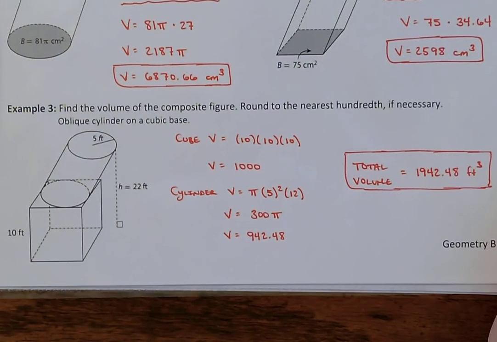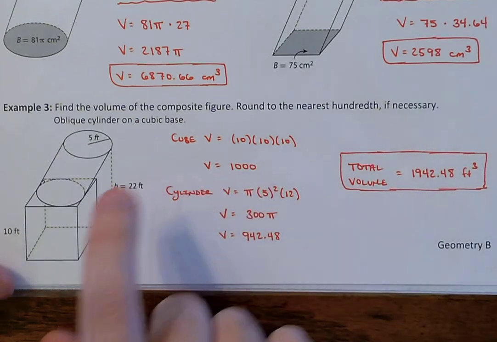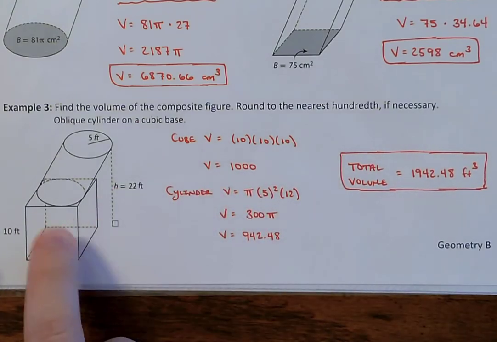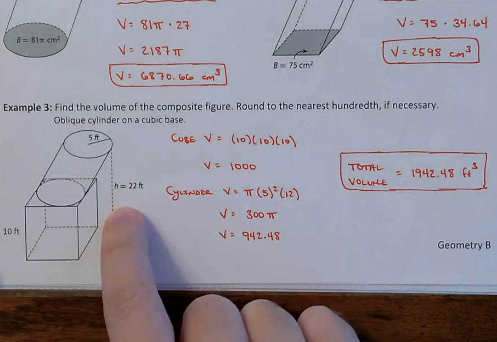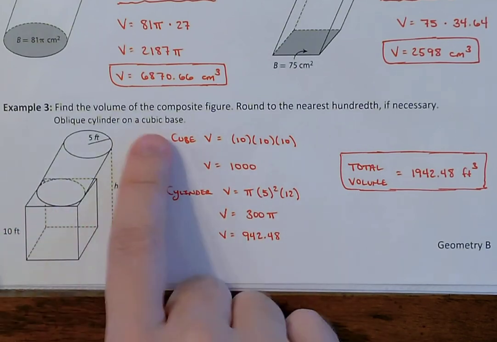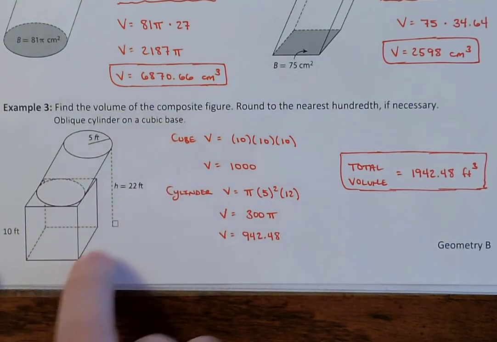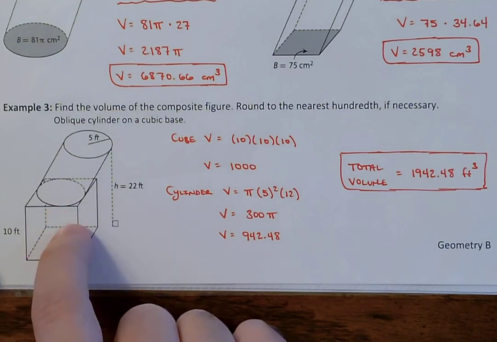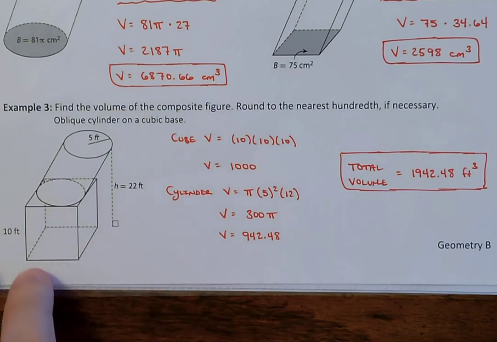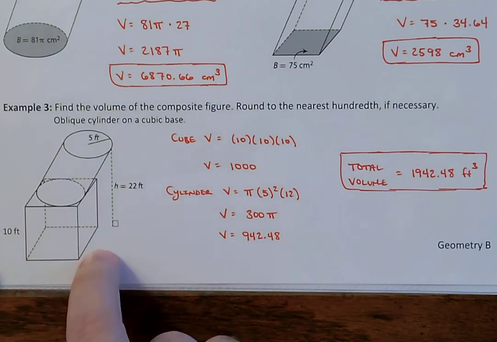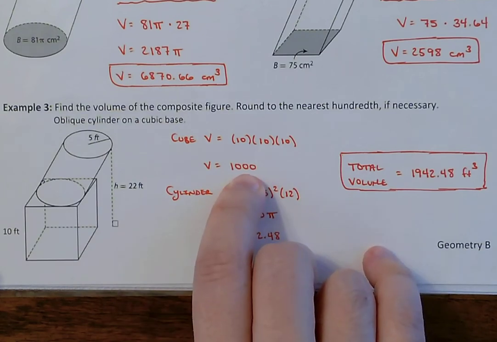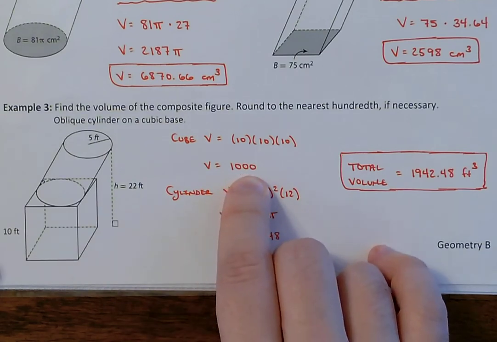For the volume of the cube, it's 10 times 10 times 10, because all the sides in a cube are the same. So if this is 10, all of these sides around the shape are 10. So it's 10 times 10 times 10, which gives us 1,000.